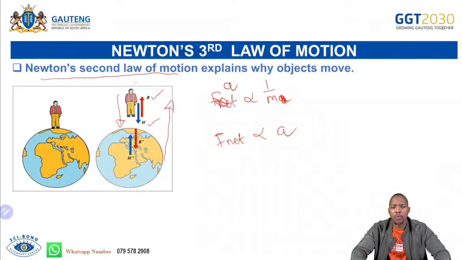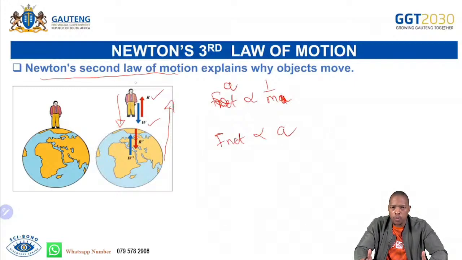Let's take an example just to try and make you understand. You can try and push a stationary truck, a truck that is not moving, right? When you push the truck, it's not going to move. I hope all of us understand and agree here. You don't have enough force to push a truck such that the truck moves.